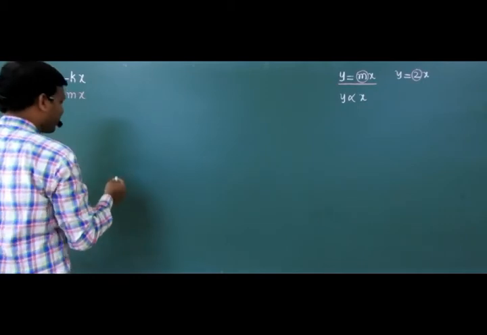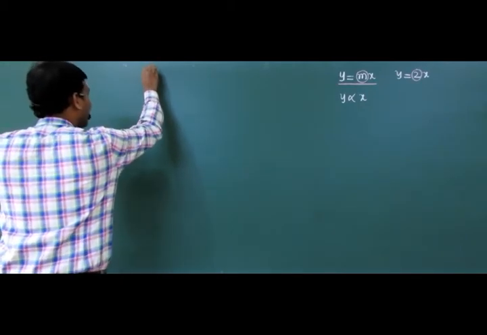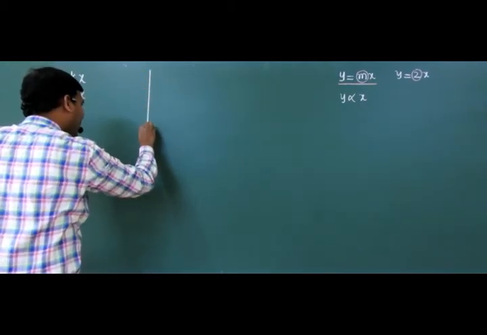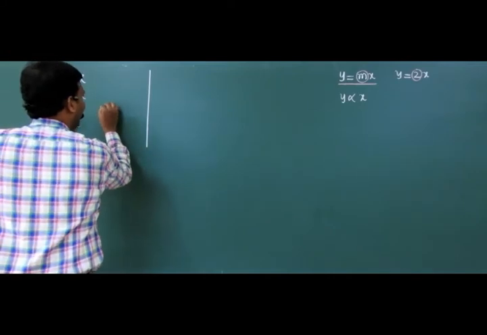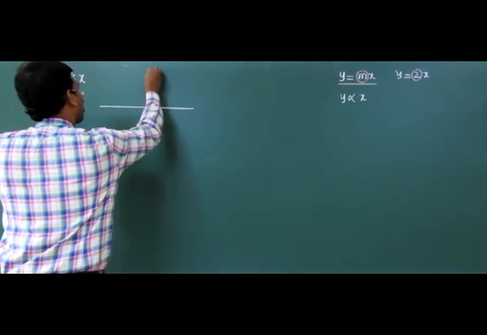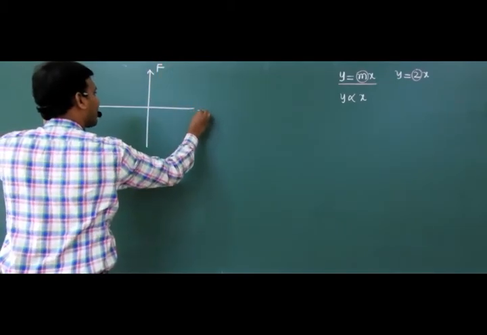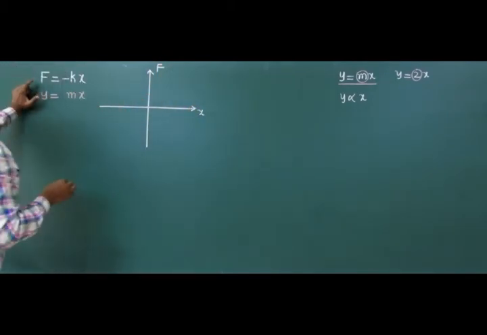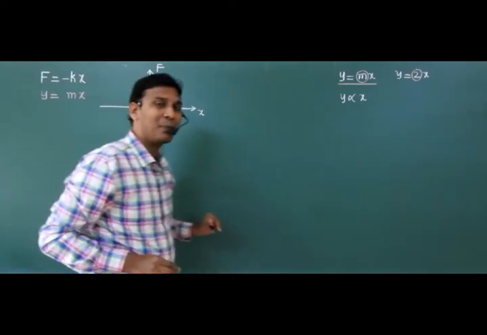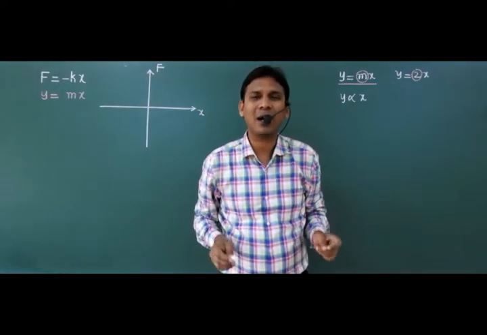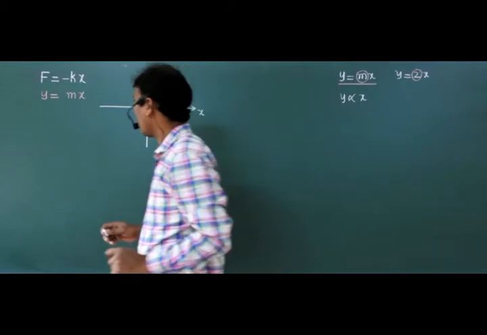Then here the slope is negative. Do you remember slope is negative? Right? Then what is the graph? F versus x. Sir, what is F? F is the spring force or restoring force.